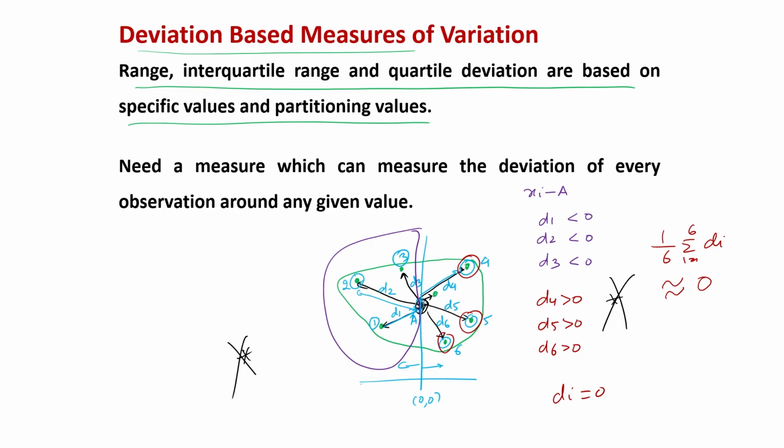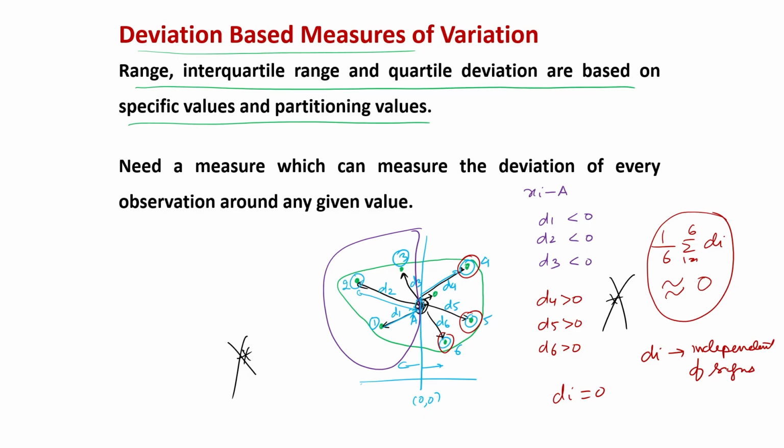So, now when we are trying to develop this variation measure, where is the problem? The problem lies with the di's and their signs, that some di's are negative and some di's are positive, which is creating this trouble, that we are not getting a proper interpretation of the value of this measure. So, one option is that we can make this measure based on di's which are independent of the signs, plus or minus.